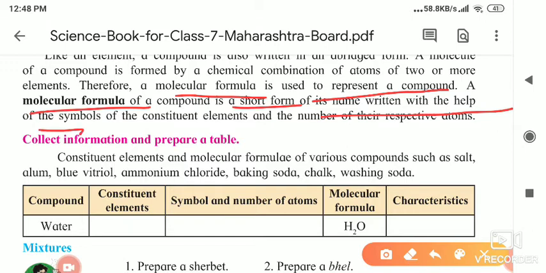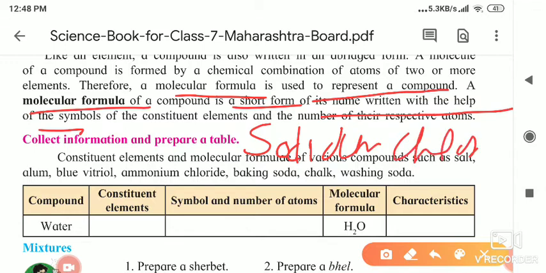The short form is H2O, instead of writing hydrogen oxide. Otherwise, calcium chloride, or suppose I want to write the chemical name of salt, sodium chloride, S-O-D-I-U-M, C-H-L-O-R-I-D-E.